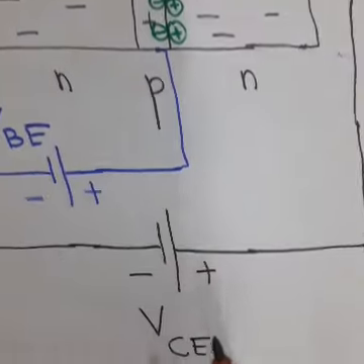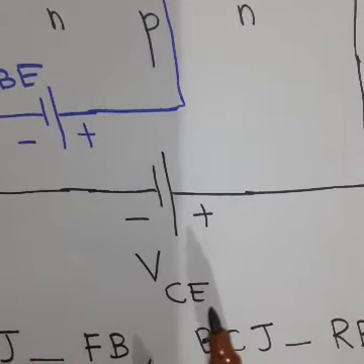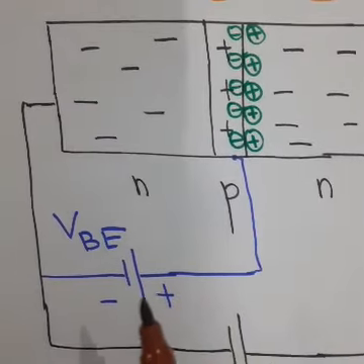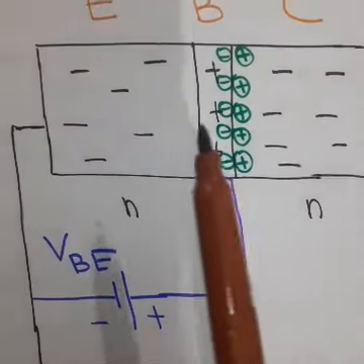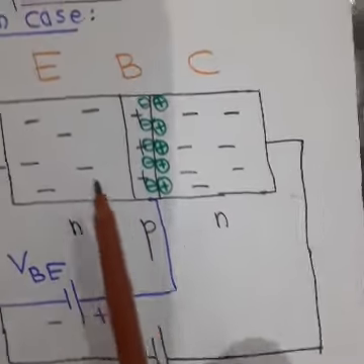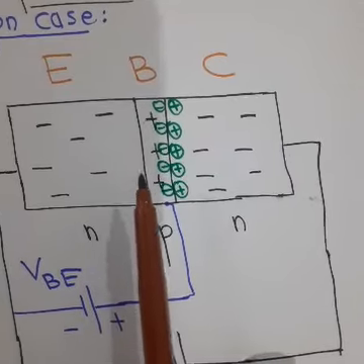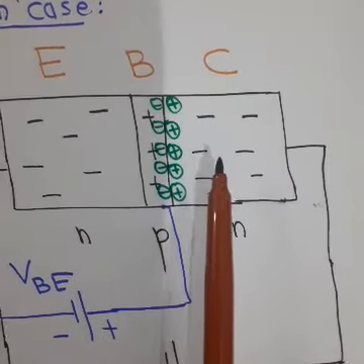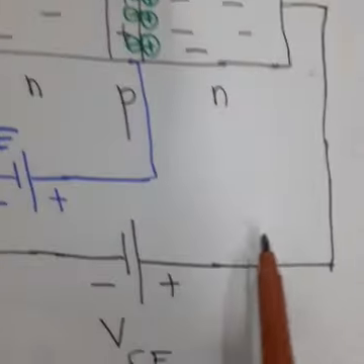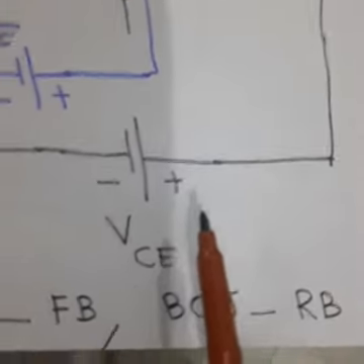When we apply this VCE, the voltage between collector and emitter, VBE has to be equal to the threshold voltage, which is mainly 0.7 volts for silicon. If it is at least 0.7 volts, these electrons will have enough energy to cross this reverse bias junction and will meet the positive terminal of the VCE.